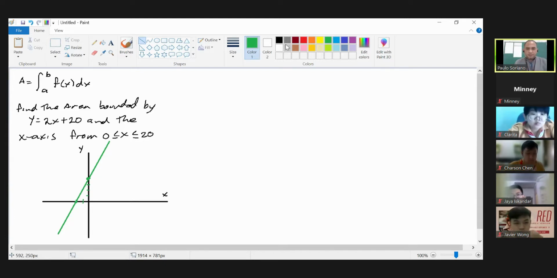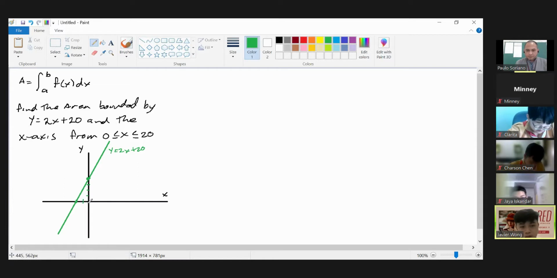That's y equal to 2x plus 20 together with the x-axis, from 0 to 20. From 0 until 20. 5, 10, 15, 20. So that means until here.